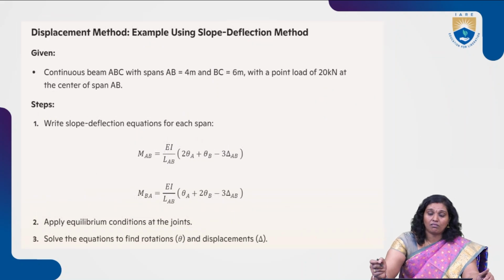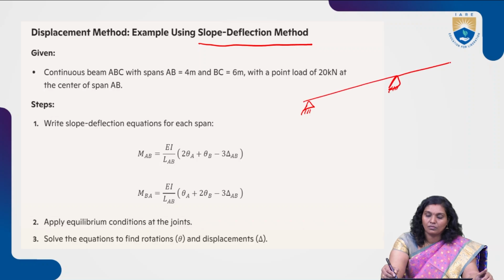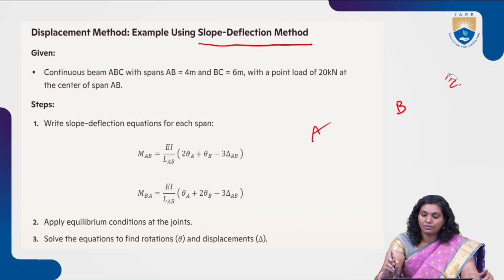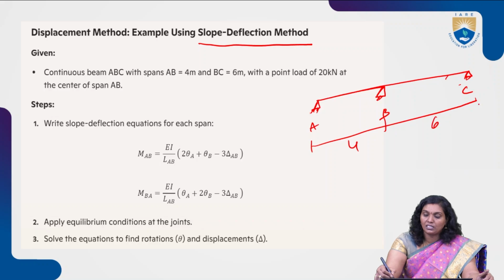In the displacement method, once we are using the slope deflection method, take a continuous beam with spans A, B, C. The distance AB is equal to 4 meters, BC is equal to 6 meters, with a point load of 200 kilonewton at the center of span BC.